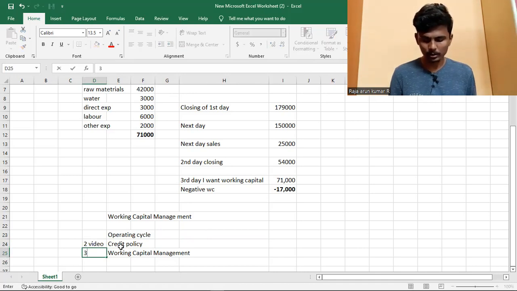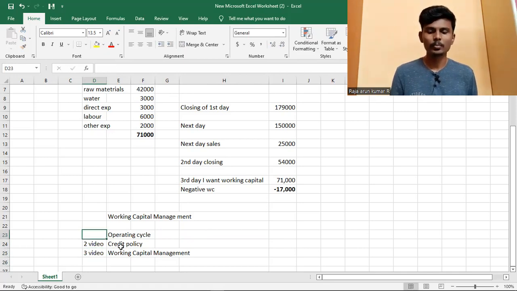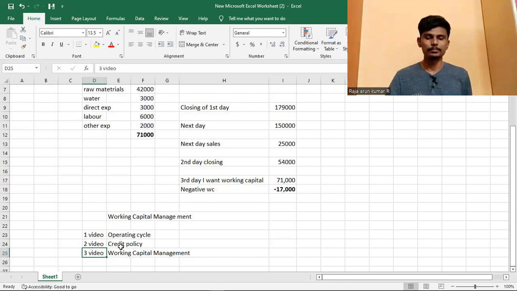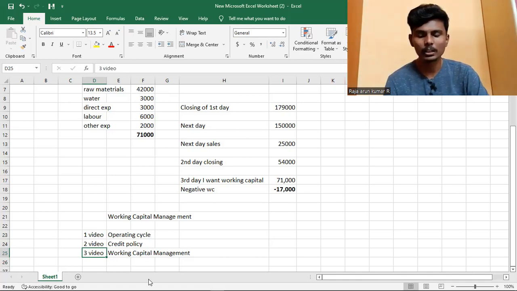The first video will explain the concept of working capital management, and the operating cycle will be completed in the first video. Second video will be credit policy, and third video will be working capital management. Each concept I will explain. Okay, I share the PPT to explain the concept of working capital management.